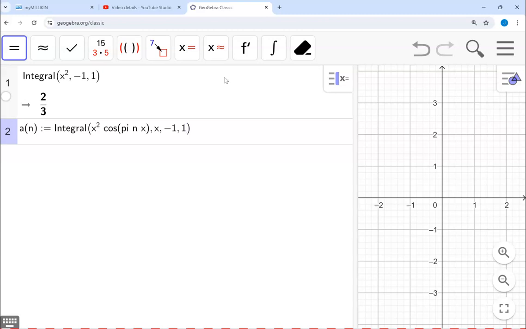The pi, again, is adjusting the period from 2 pi to 2. We don't need to worry about any constant out in front here because we divide by half the period. Half the period in this case is 1. So there's nothing to divide by here. The interval here is -1 to 1. There's nothing else that changes. You just have to integrate over the interval you're given. Okay?